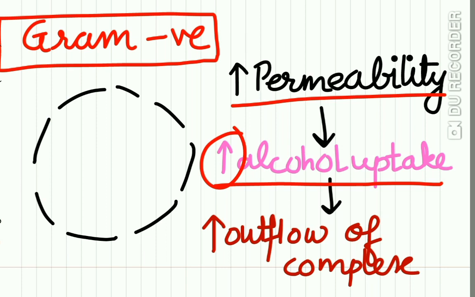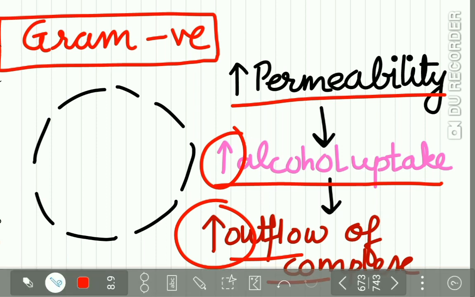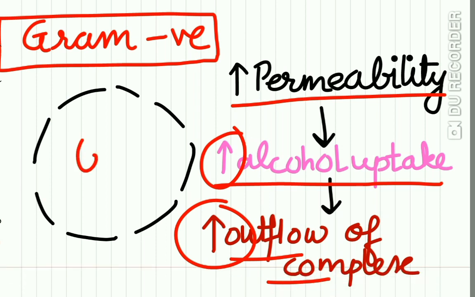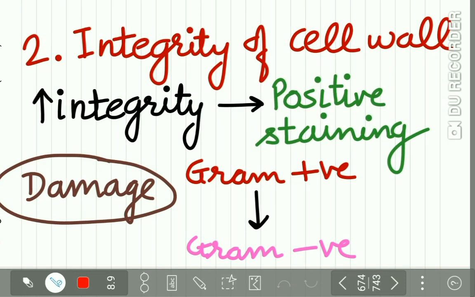And because of the rapid intake of alcohol inside the cell, there is also rapid outflow of the di-iodine complex out of the cell. So the gram-negative organisms lose the di-iodine complex on washing with acetone or alcohol.